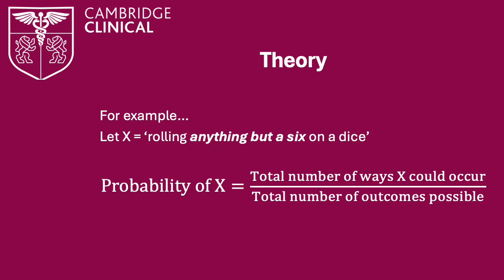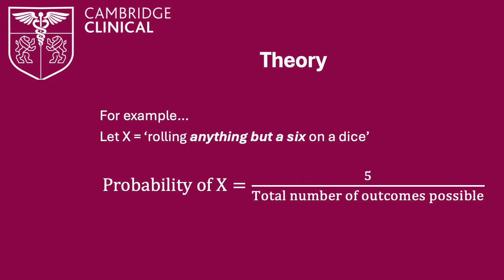So let's do another example with the dice then. This time let's think of the probability of rolling anything except 6. So first of all, let's think of how many ways could this occur. Well, there are 5 ways this could occur. You could roll 1, 2, 3, 4, or 5, and that would still be anything but a 6. So now how many total outcomes are possible?